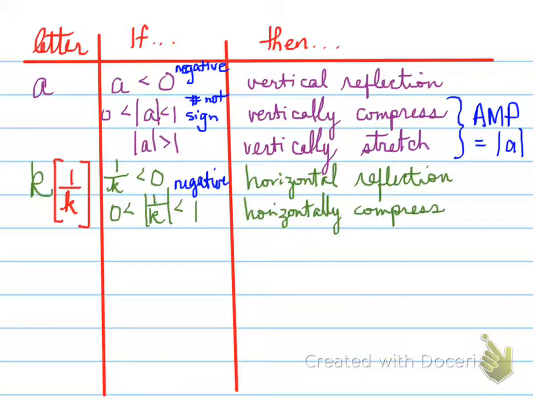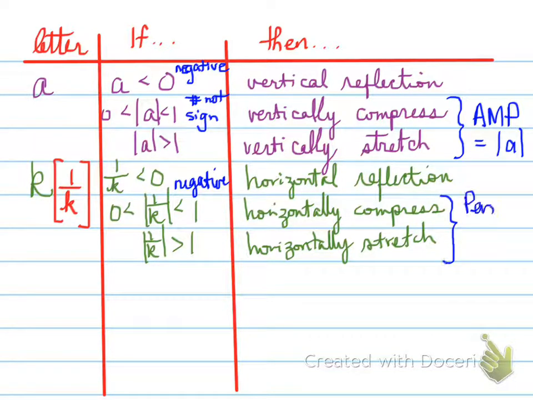It horizontally compresses by a factor of 1 over K. Again, the number, not the sign. If 1 over K is greater than 1, we would write horizontally stretches by a factor of 1 over K. Again, the number, not the sign.